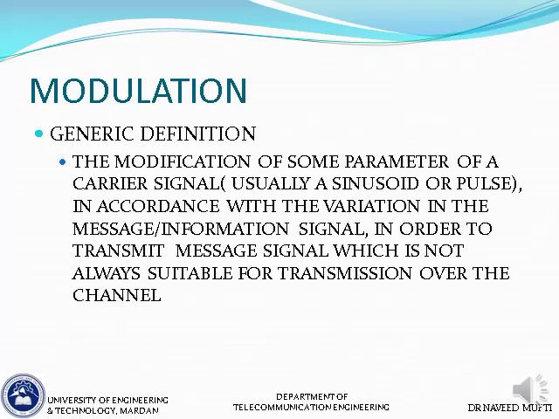The point is that modulation basically converts the message or the information signal into such a signal which is suitable for transmission over the channel. So that is the main purpose of modulation, and for that purpose we use another signal other than the message or information signal, which is called the carrier signal. We modulate it, and by modulation we mean that we change one or more of its parameters in accordance with the message signal.